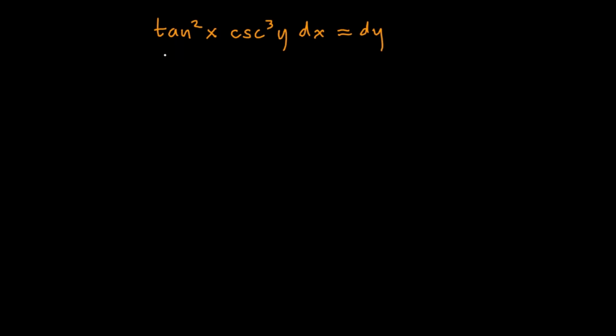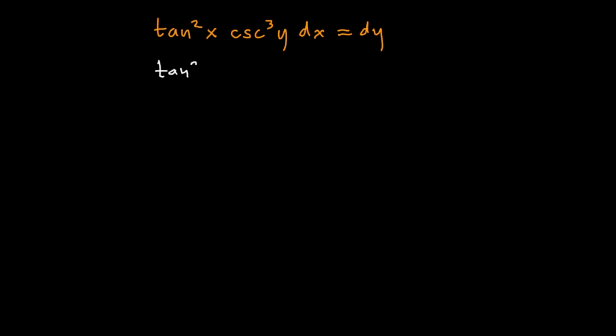Okay, let's have the last one. Tangent squared x cosecant cube y dx equals dy. So, separable differential equation siya kasi pwede natin paghiwalayin yung variable x and variable y by dividing both sides by cosecant cube y. Okay? So, mangyayari dyan, di ba?